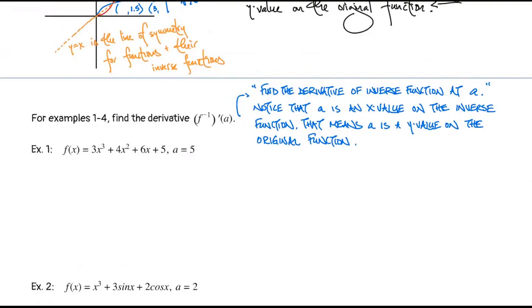But we have to know that a is an x value on the inverse function, which means a is a y value on the original function, and that is exactly because of that -1. Because we have f to the -1, that tells us we're talking about the inverse function. That's a great connection here.